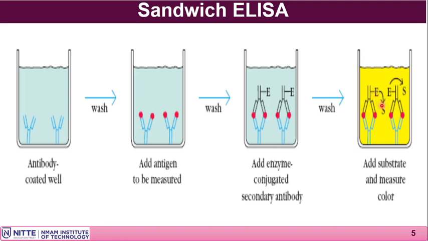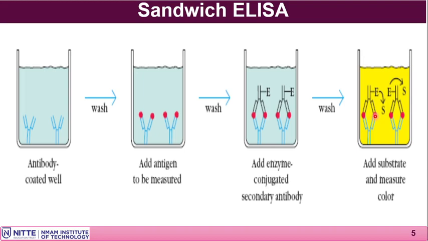If the color is developed in the solution, that indicates that the secondary antibody recognized the antigen that was already bound to the primary antibody. And the source of the primary antibody is the patient serum. That proves that the patient is producing antibody against that antigen.